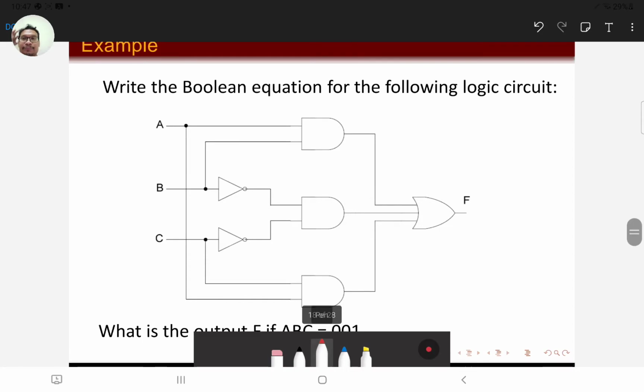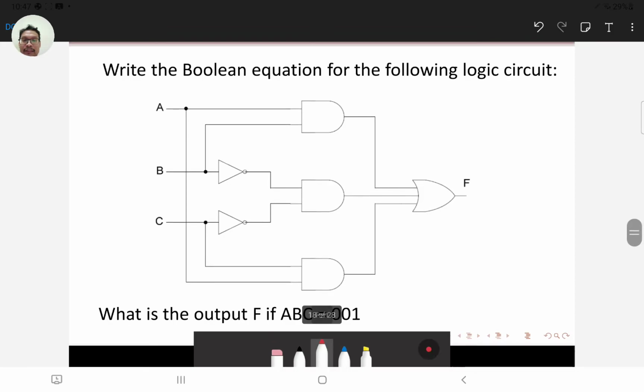Let's look at the example here. Write the Boolean equation for the following logic circuit. So what is the method here? We look at the gates. This is an AND gate, and we know that the Boolean expression for an AND gate is A dot B. So here is A, B. The second AND gate has B bar and C bar, so here is B bar C bar. The last gate has C and A, and therefore here is AC.